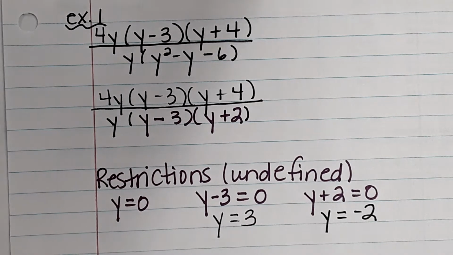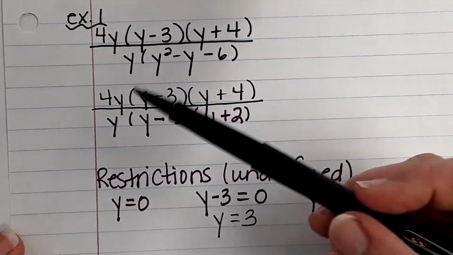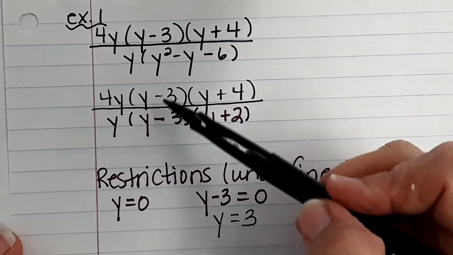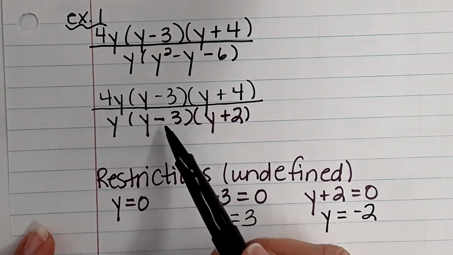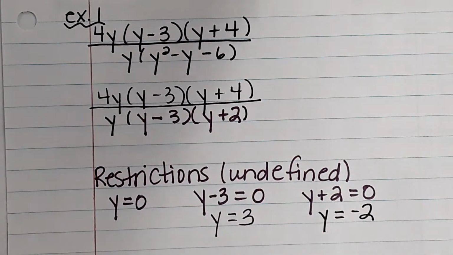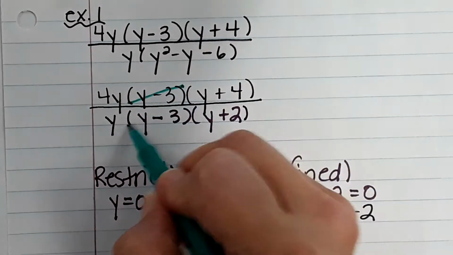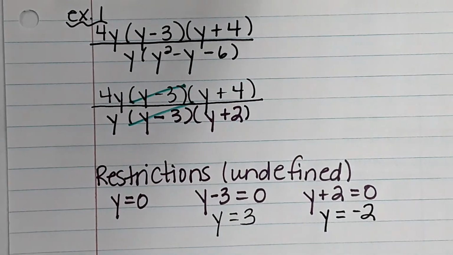Okay? Now, when you go to reduce, everything has to be identical. Okay? So inside parentheses, they have to have the same variable and the same operation sign. So y minus 3 over y minus 3, those cancel out. They're identical. Now, you can't just cross out y's and 3's. You can't multiply anything. If they have addition and subtraction, it matters, okay?